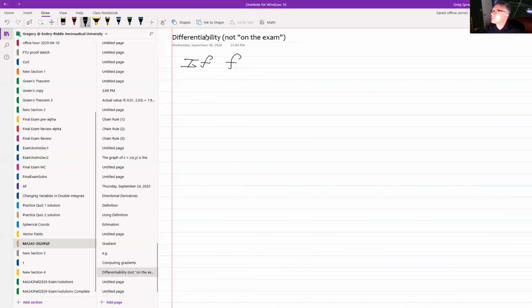So suppose we have a function f of several variables. So f goes from Rn to R. Remember, Rn is n-dimensional space. R is the real numbers. And P is a point in Rn, in n-dimensional space.